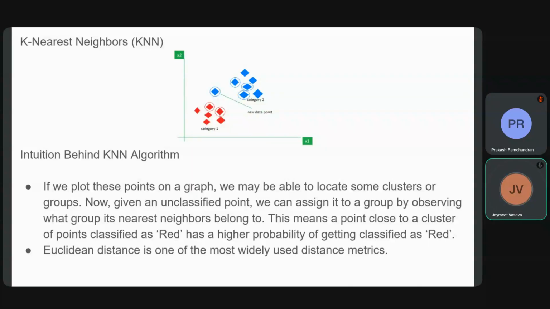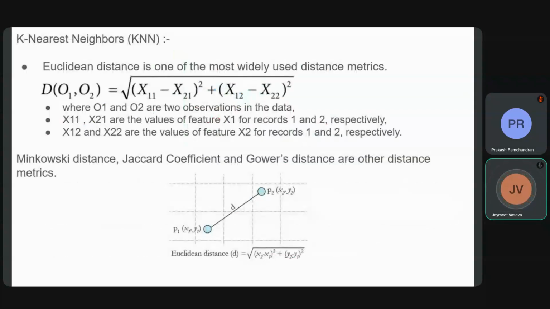Because the distance is closer to category 2, the new data point added is categorized as category 2. So this is the whole intuition behind K nearest neighbor.